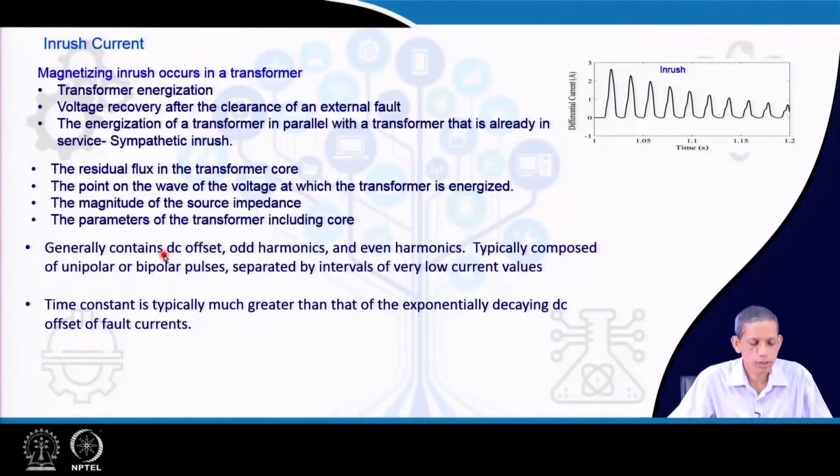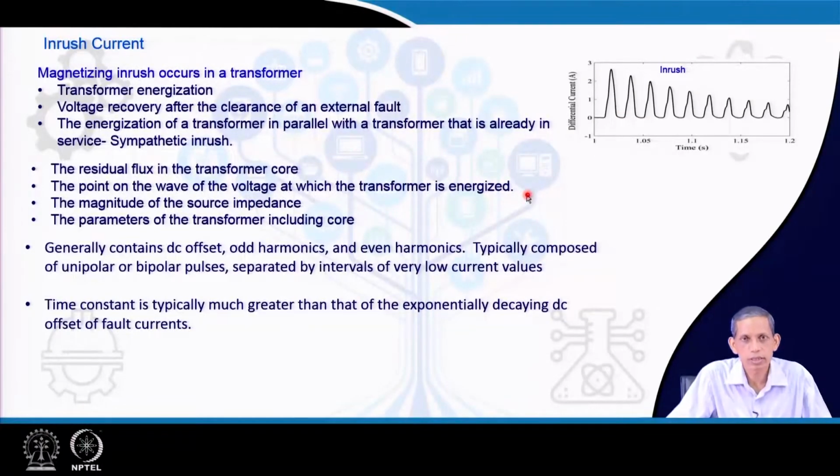This inrush current generally contains DC offset, different odd harmonic components including even harmonics also, and typically it is composed of unipolar or bipolar pulses like this, as you can see. It may be only in the positive half or negative half, or may have some DC offset also, and is separated by intervals of very low currents.